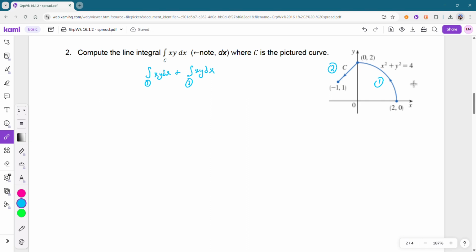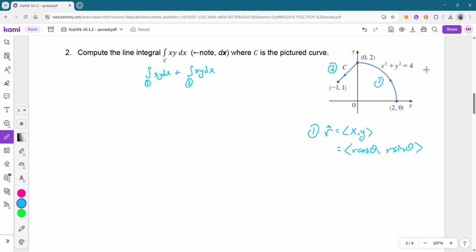All right. For our first curve, this is part of a circle, so I think polar coordinates is a nice way to go about getting our parameterization. And so our parameterization is handing us our x, y points. And if we're using polar, x is r cosine theta, y is r sine theta.